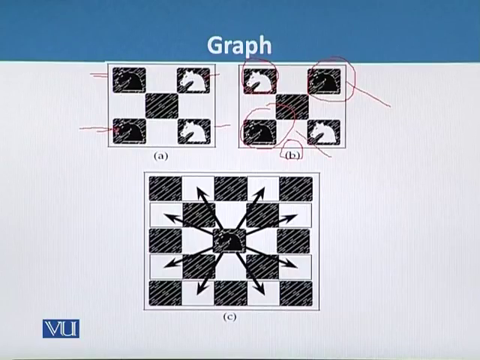And when it is on a white block, then after moving it will land on a black block. So if the white horse is on black and the black horse is also on black, they cannot go on the same block. They should move on different blocks.